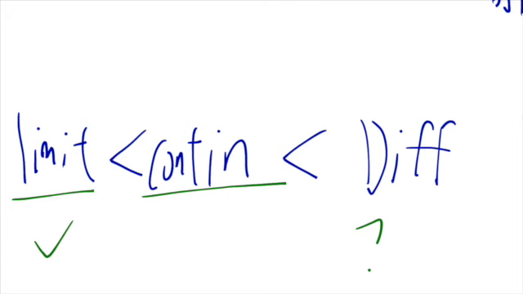However, if a function only has a limit, that says nothing about its continuity or its differentiability. So we can see that the limit is a smaller concept than continuity, and continuity is an even smaller concept than differentiability.